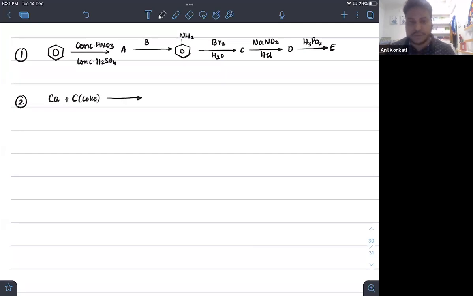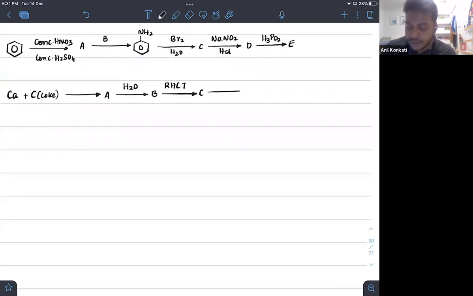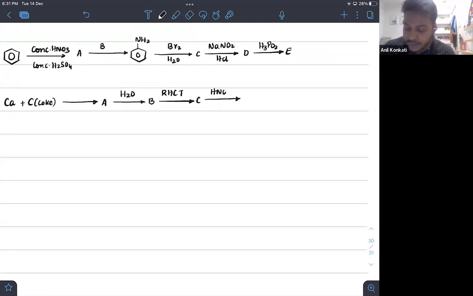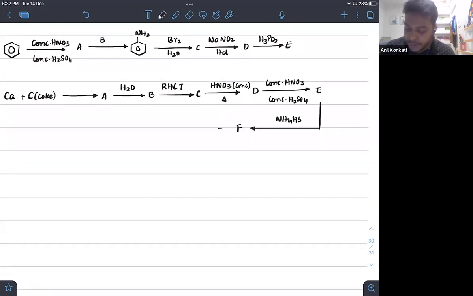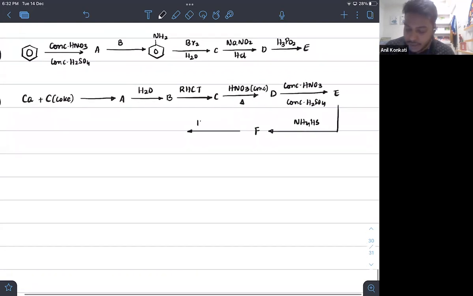You can take calcium or calcium oxide, both give the same product. A, on hydrolysis, will give B. You pass this through RHCT, red hot copper tube, and we get C. Then concentrated HNO3 and heat gives D, and that on reaction with concentrated HNO3 and concentrated H2SO4 gives E, and that on reaction with ammonium hydrogen sulfide gives F, and that on treatment with HNO2 gives G.